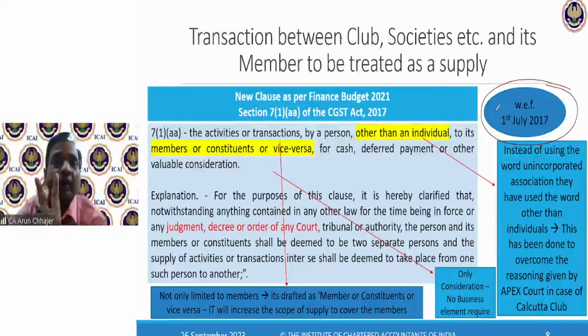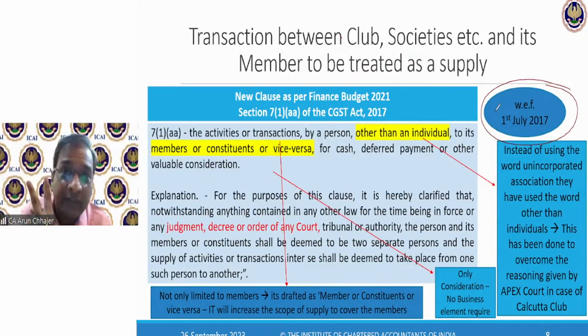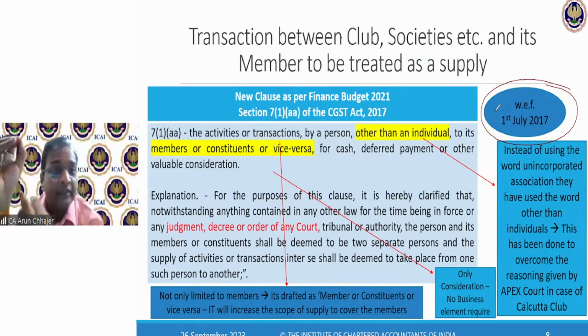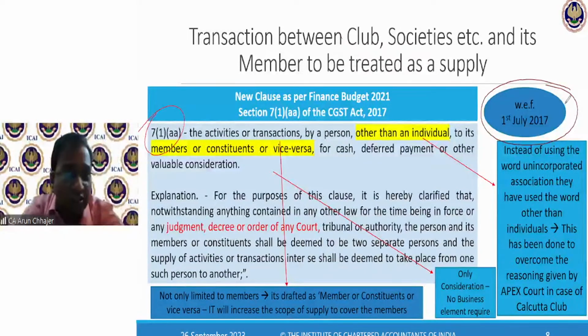Listen carefully: club and member cannot be two separate persons, and therefore the transaction between them cannot be leviable to service tax. After that judgment, the government probably thought that these transactions would not be taxable in GST, and therefore they inserted clause AA, giving it retrospective effect.